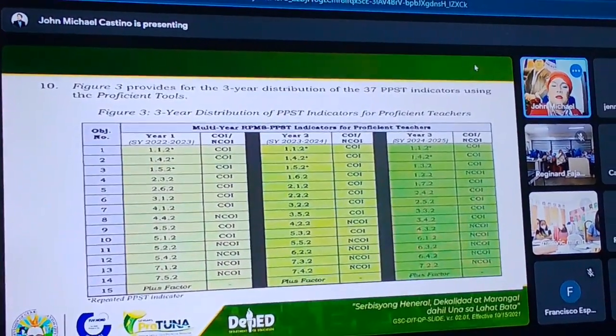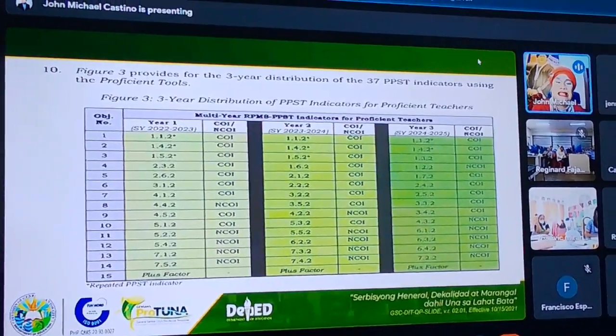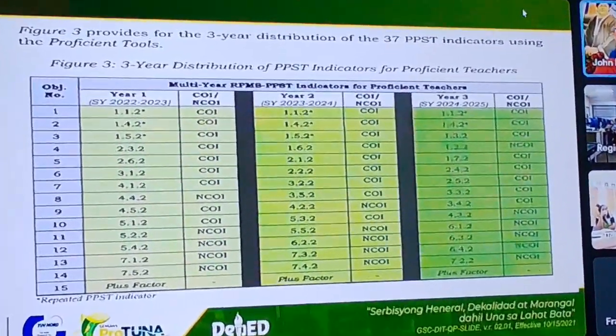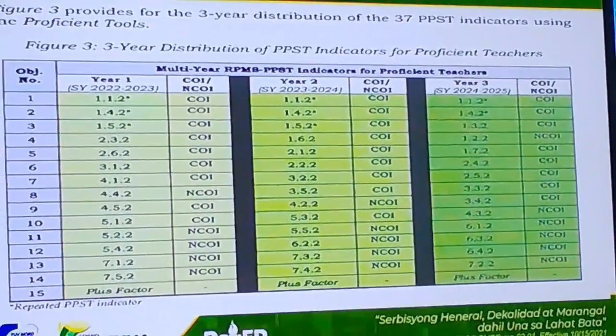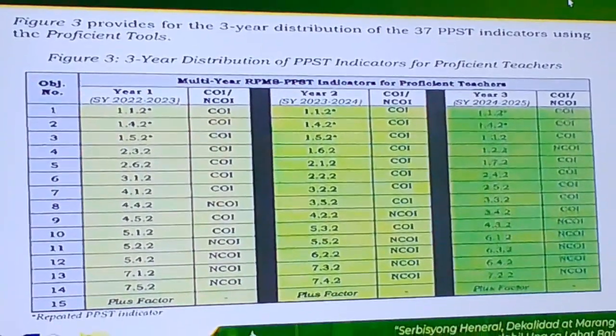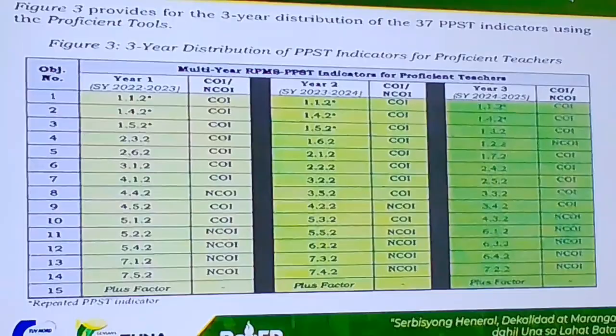Let's take a look at the multi-year RPMS PPST indicators for proficient teachers. There was a mention that 37 PPST indicators were distributed all throughout the 3 years. Let's take a look at 1.1.2 and 1.4.2.